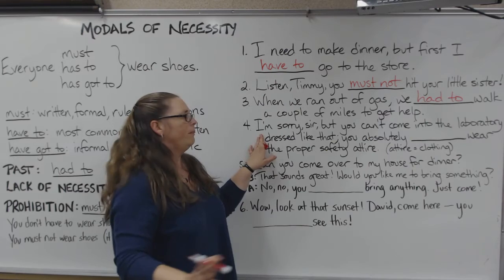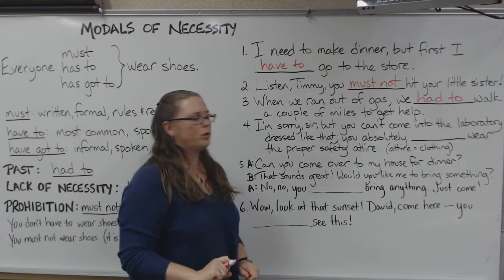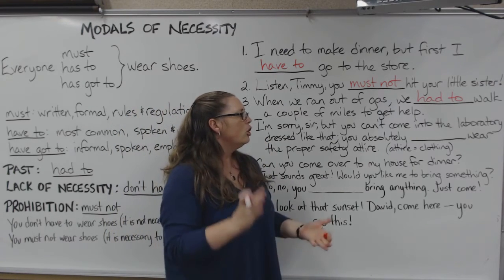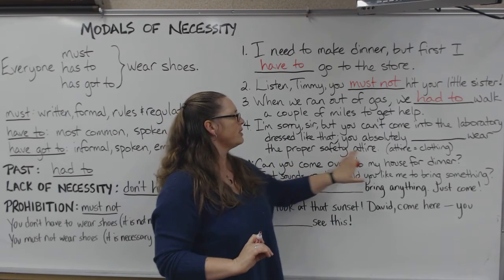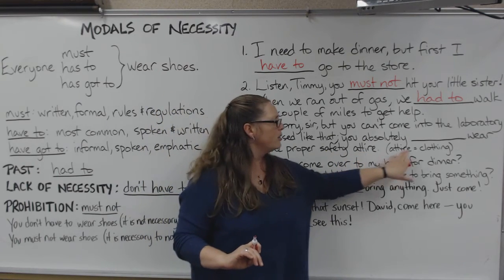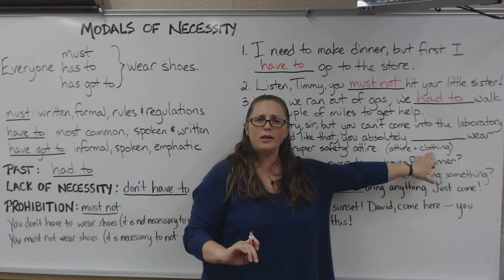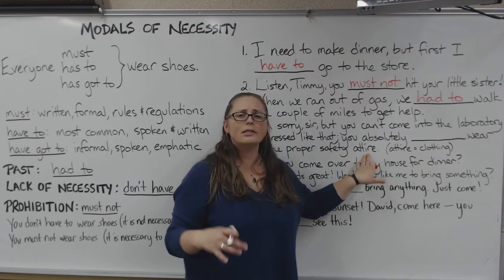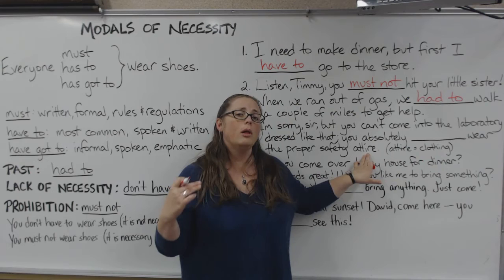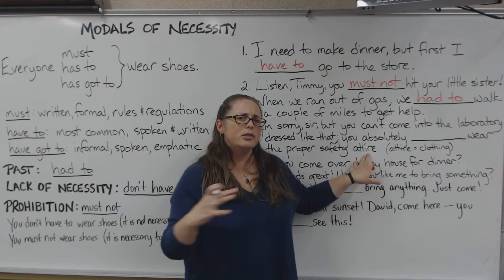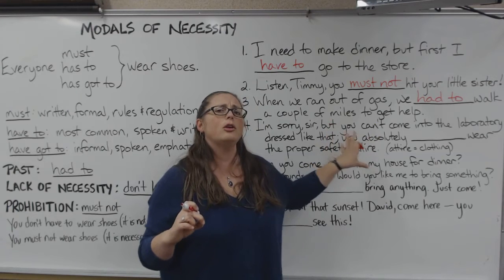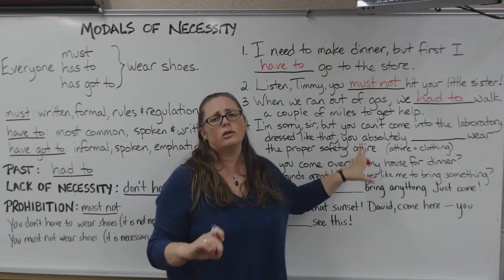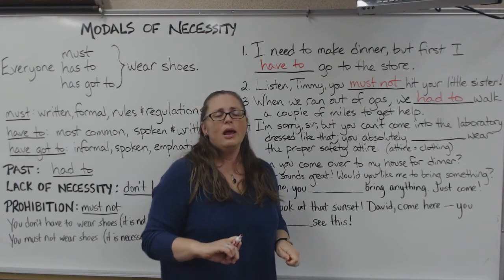I'm sorry, sir, but you can't come into the laboratory dressed like that. You absolutely must wear the proper safety attire. I show you here that attire means clothing. Attire is a more formal word, and it gives you this idea that this is a formal kind of regulation that you are telling another person.